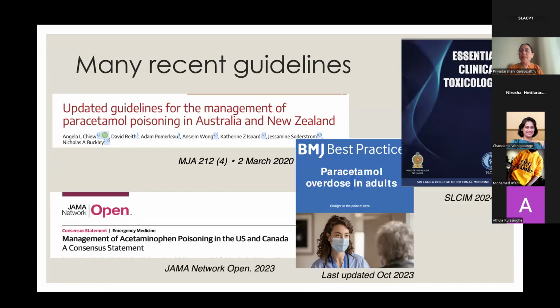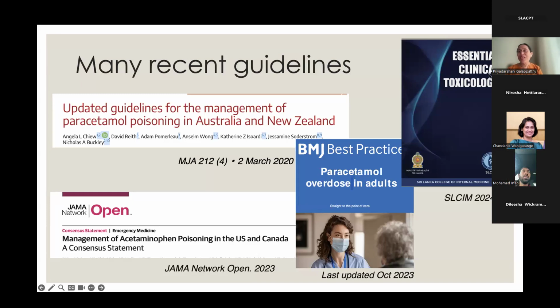So I mentioned the recent guidelines in major countries. So these are the guidelines. They have been published from 2020 onwards. The Australia, New Zealand in 2020, US, Canadian one 2023, as well as the BMJ latest update, the UK one in 2023.